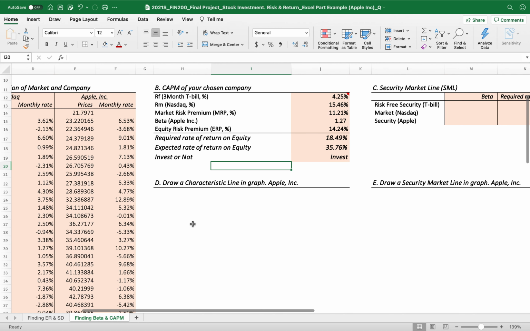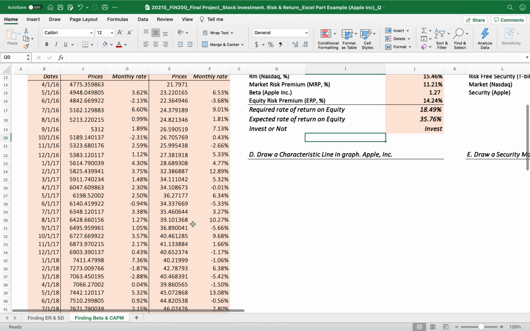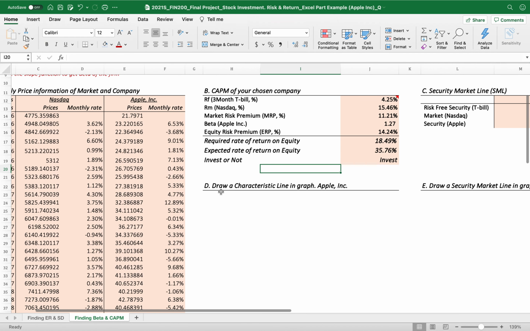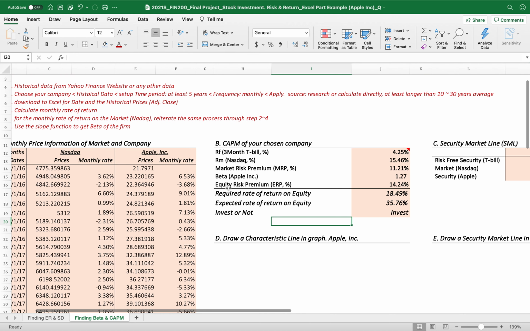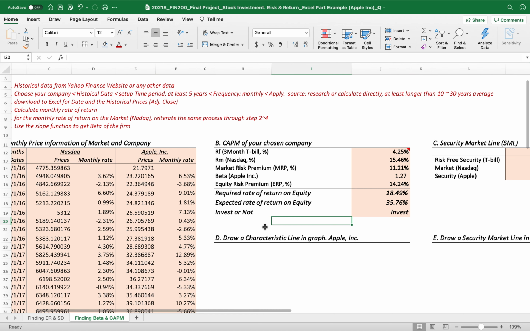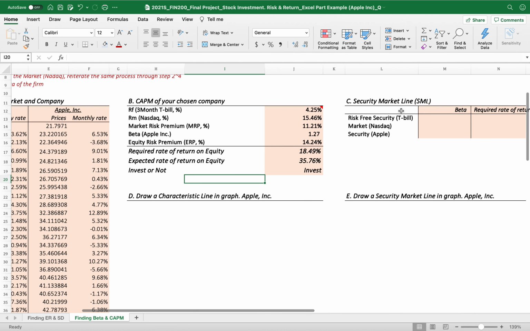Okay. Then let's draw the characteristic line in order to understand this CAPM model and the beta. And then let's draw the security market line in a graph in order to understand the CAPM model.